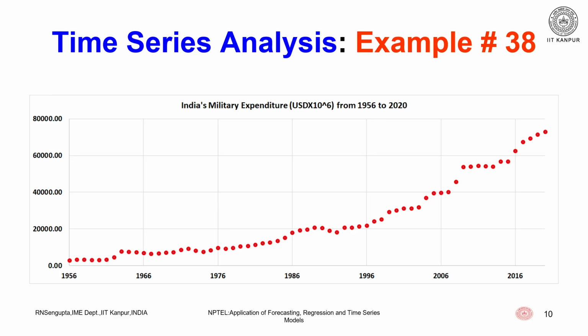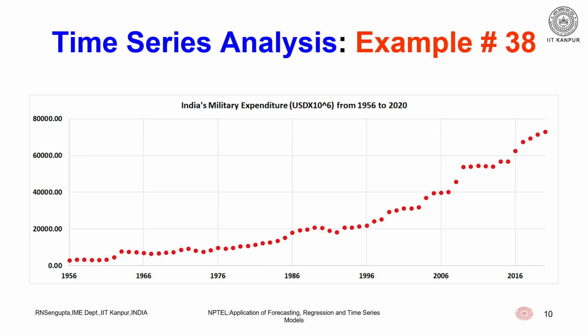This is the third example, and I mentioned that we are doing the forecasting model. This is India's military expenditure in US dollars in millions, 10 to the power 6 USD, from 1956 to 2020.